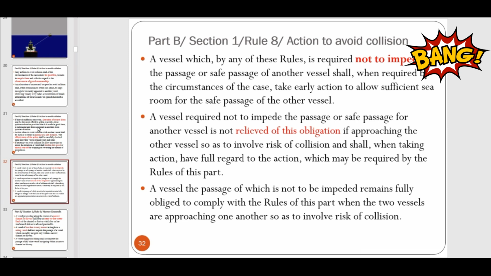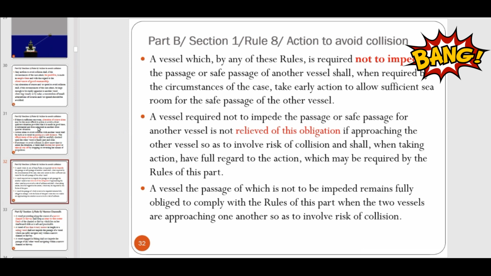So keeping this in mind, the responsibility of the vessel whose passage is not to be impeded by another vessel is also to take action so as to avoid collision. That's it.